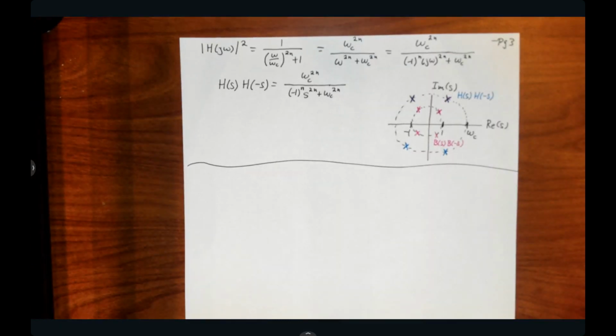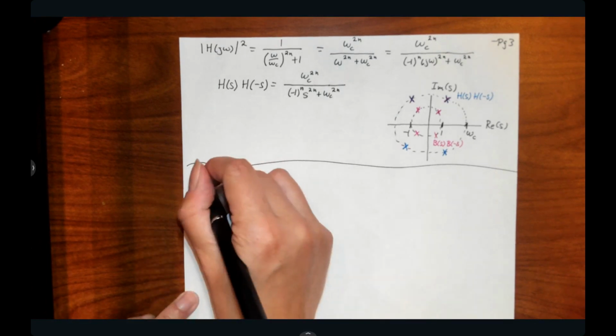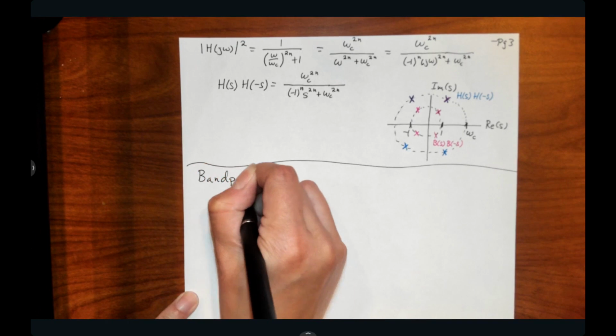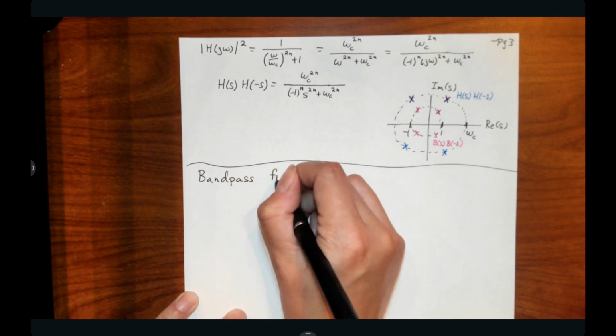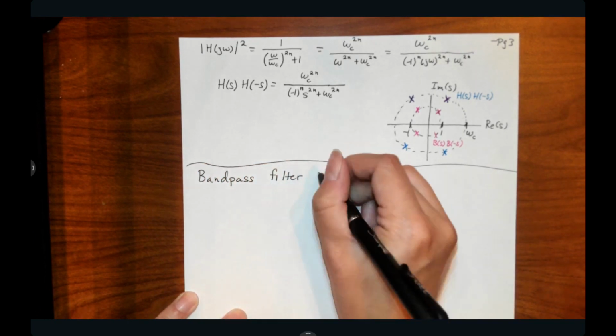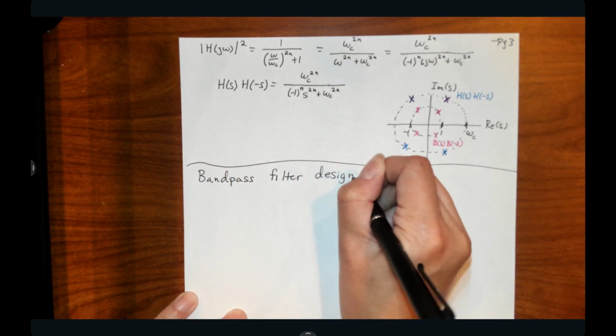But what we can do is, if we have our B of S, that Butterworth with omega c equal to 1, that's a low pass filter, we could take that result, and from it, we can generate a bandpass filter.